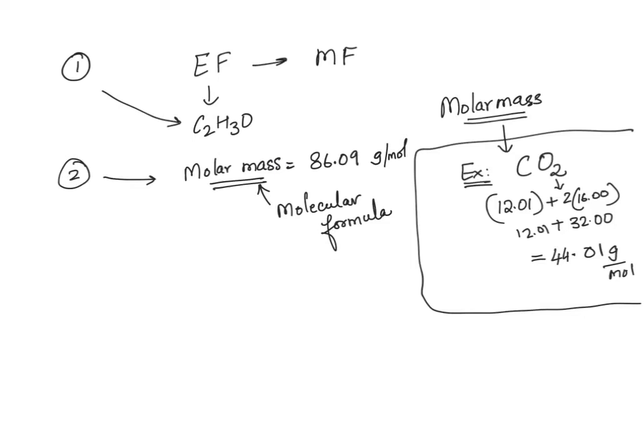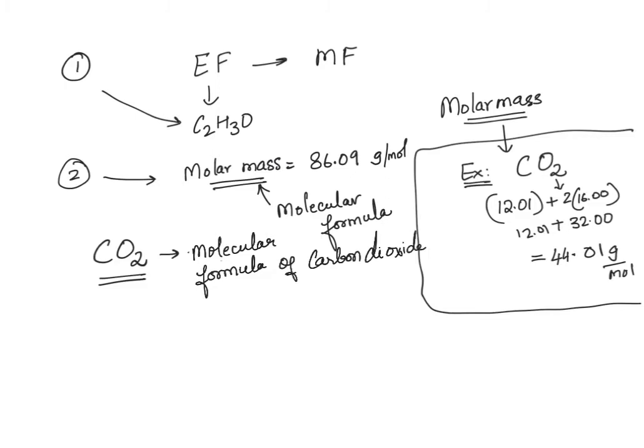Meaning, for example, again I'm going to deviate here. If there is a compound, again I'll go back to CO2. This is the simplest ratio. This is the molecular formula of carbon dioxide.